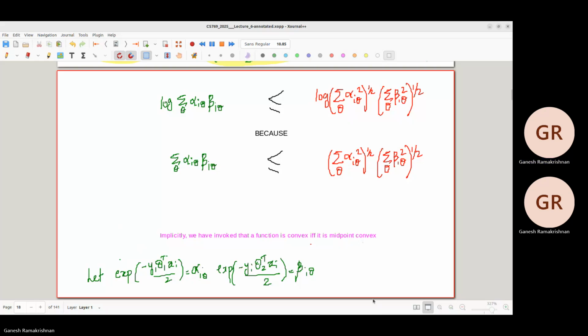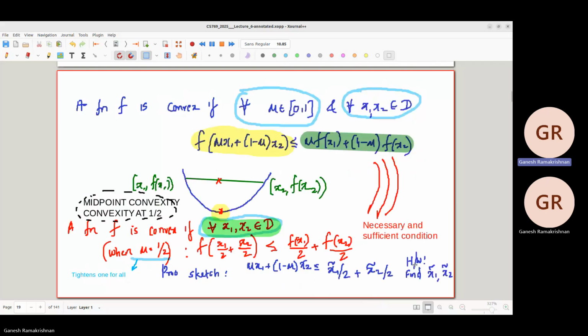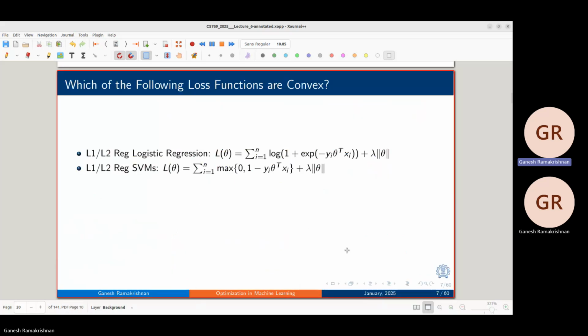So this is just proving the whole thing again from first principles, but it's not really required if you have registered the earlier proof of log sum exp. Now I've just brought back midpoint convexity. What does it mean in the context of the slightly more enriched form?